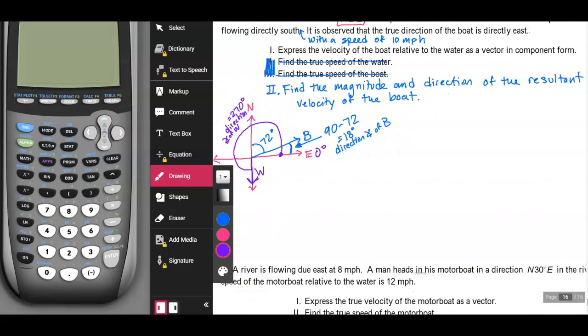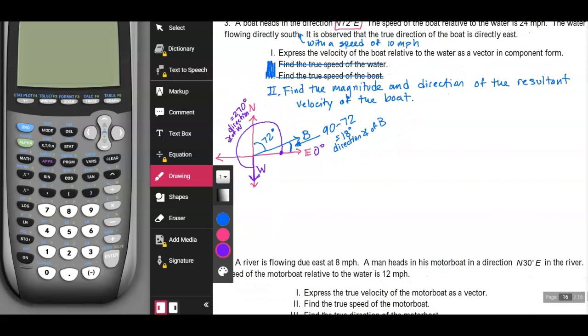But really, in number 1, it's just asking for the component form. So that's what I'm going to do first. First, I'm going to find the component form of our velocity of the boat.